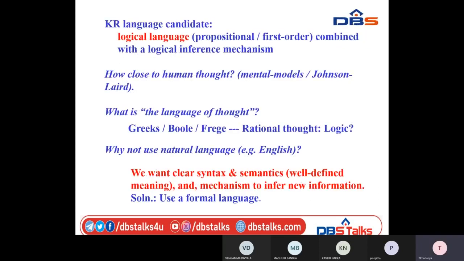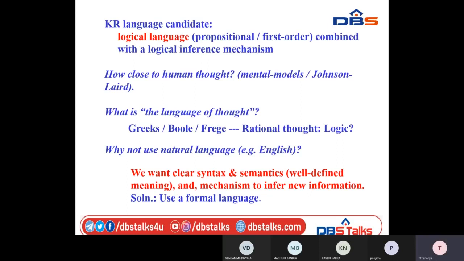See, a logical language we can combine with the logical inference mechanism. How close is human thought, meaning mental models and Johnson-Laird? What is the language of thought, and why not use natural language like English?